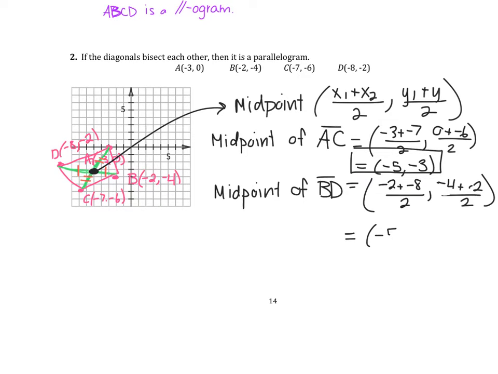So -5, comma, -3. And I knew that I made a mistake, because if I added those, I wouldn't have gotten -3 when I divided by 2. So I knew something was wrong. I went back and looked, and I realized I used the wrong ordered pair.